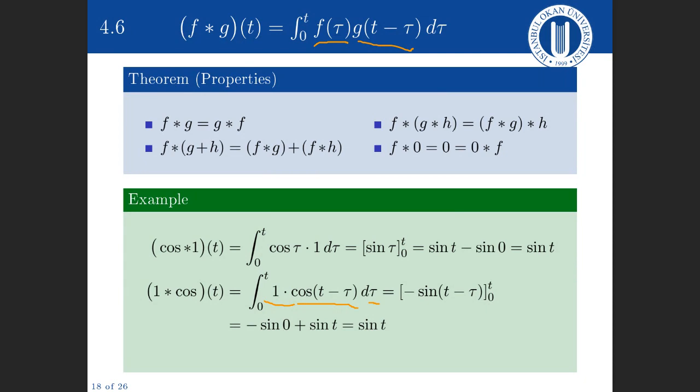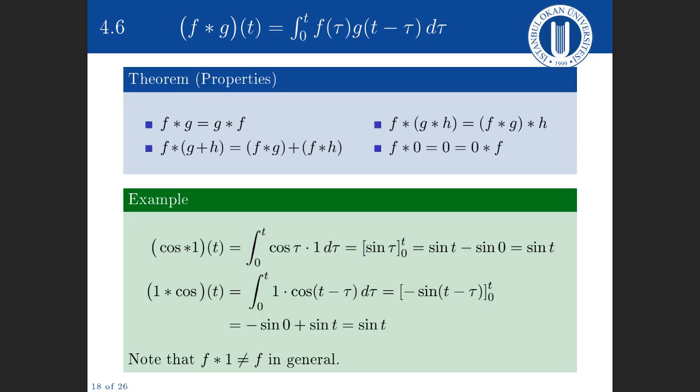And when we calculate this integral, we do get sine t again. Now, from this example, note that in general, f convoluted with 1 is not the same as f. Cos convoluted with 1 is not cos.